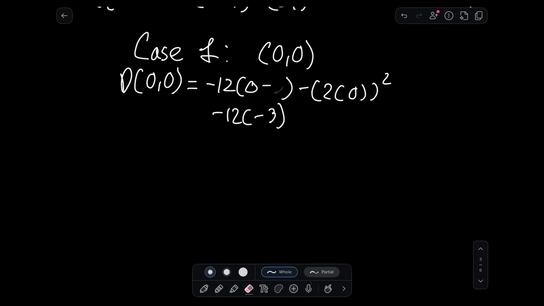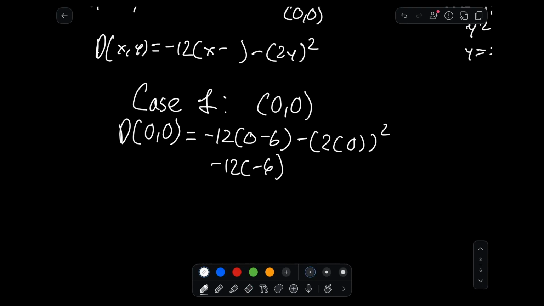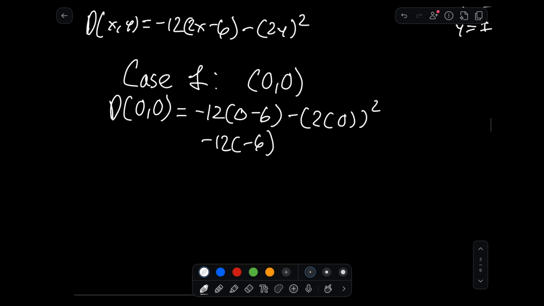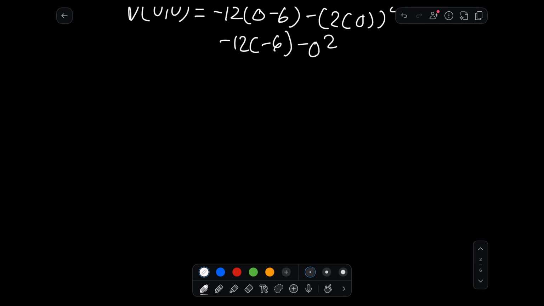I forgot, that's my bad. But that ultimately still wouldn't change the result. Oh, it's supposed to be 2x minus 6, yeah. So it wouldn't matter in this case, but just to make sure that we have that consistent throughout, it'll make the math a lot easier to look back on. Minus 0 squared. So then we have this to be 72 minus 0, which is greater than 0.